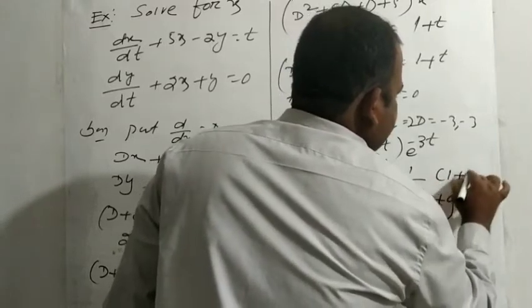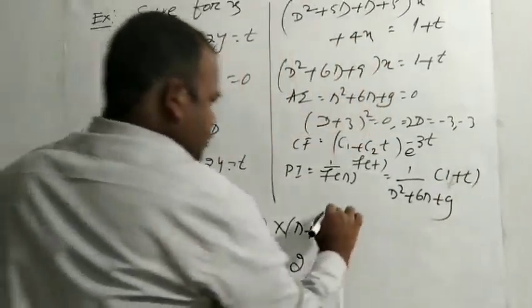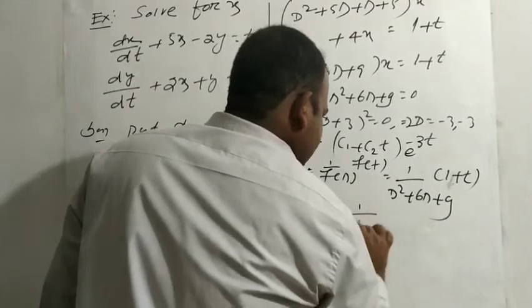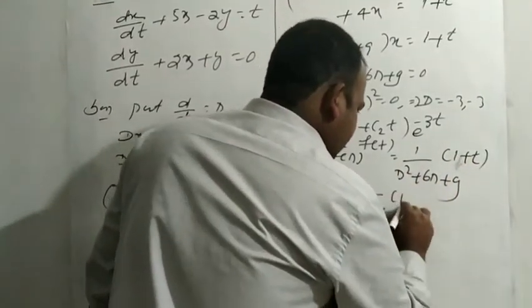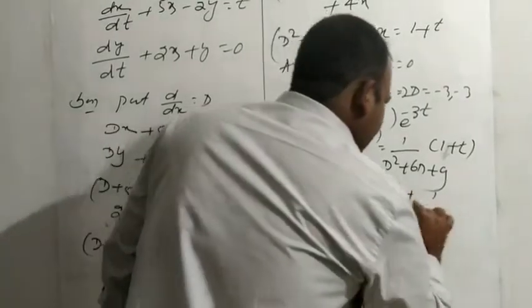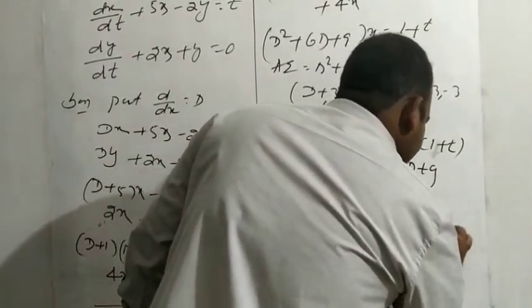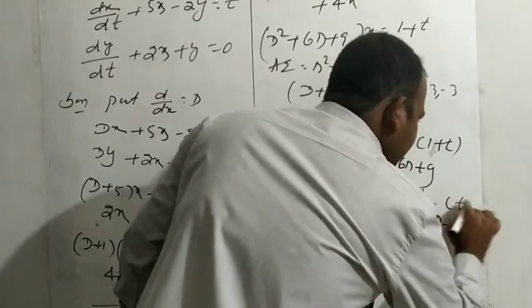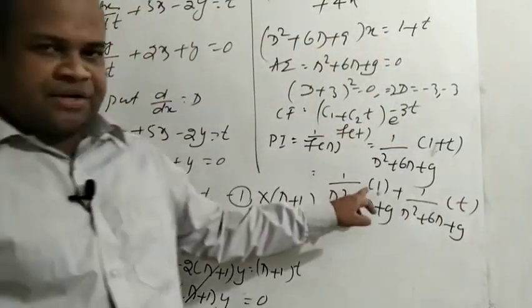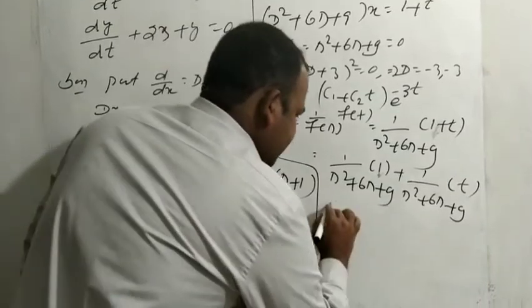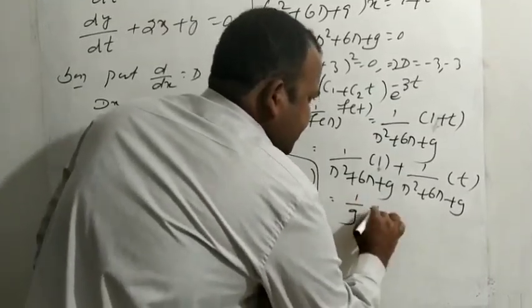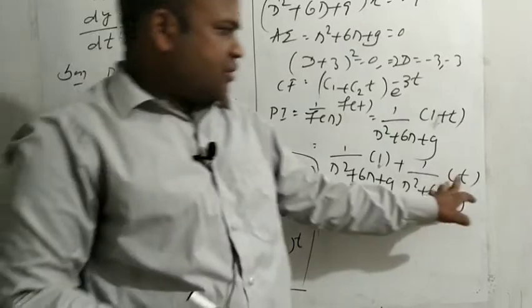So 1 upon D squared plus 6D plus 9 into 1, and 1 upon D squared plus 6D plus 9 into t. For the constant you will put D equal to 0, so this is 1 upon 9, plus the t term.